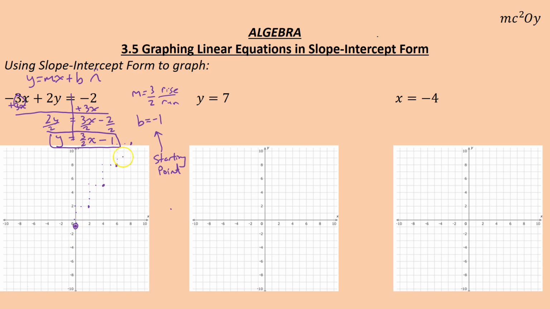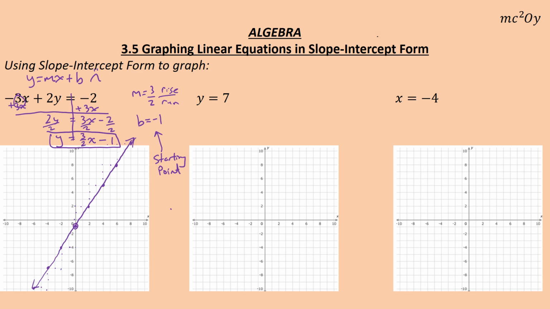And then now that I see the trend, I can actually go backwards, go down 3, but to the left 2. And there is our line. Okay, notice it's a positive slope, crosses at negative 1, just like we want. Positive slope, crossing at negative 1. Rise 3, run 2.